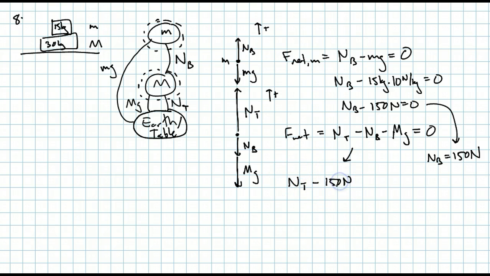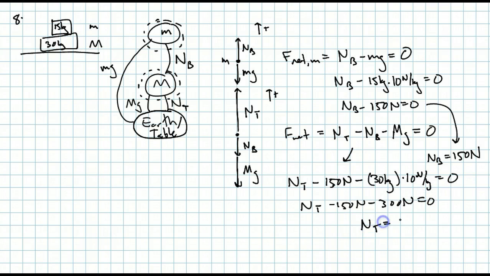NB is now known as 150 newtons. And Mg, this is big M, so that's 30 kilograms times 10 newtons per kilogram. So NT minus 150 newtons minus 300 newtons equals 0. And now we can solve pretty easily that NT is 450 newtons.